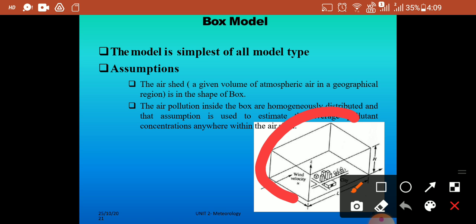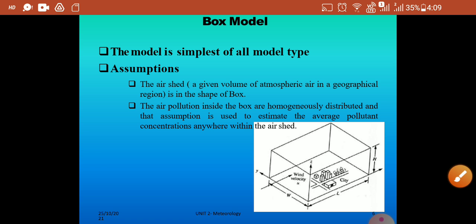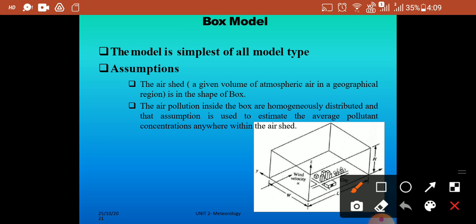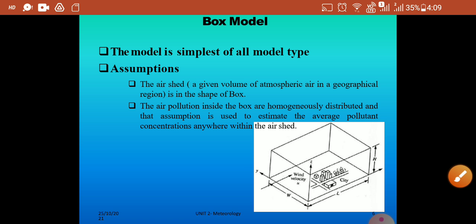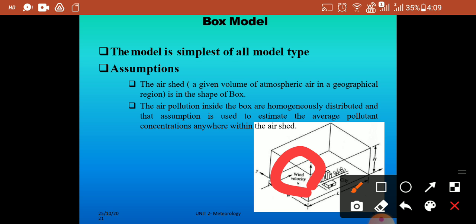It has three axes: x axis, y axis and z axis. In the x axis, the length is represented as L, W is the width, and H represents the height. Here the wind velocity is u.